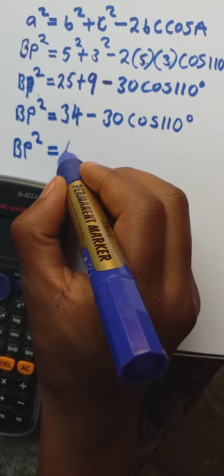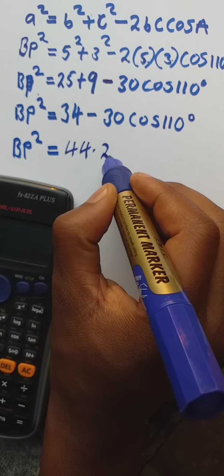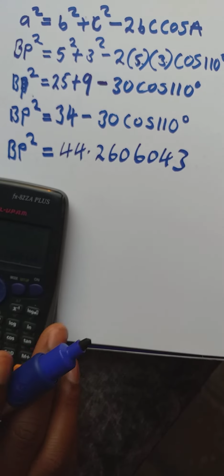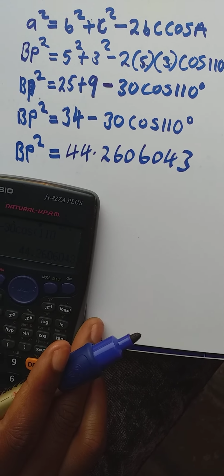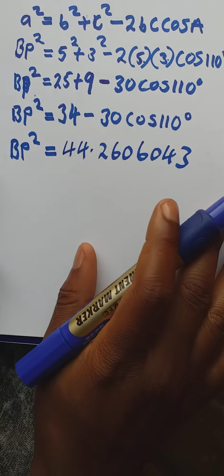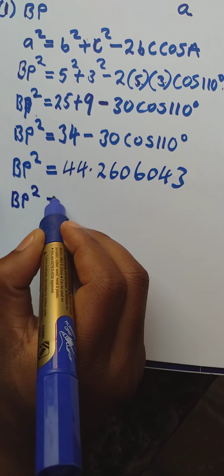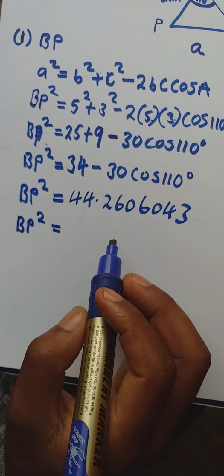Then this will give you 44.2606043. So from there we say BP squared equals this.